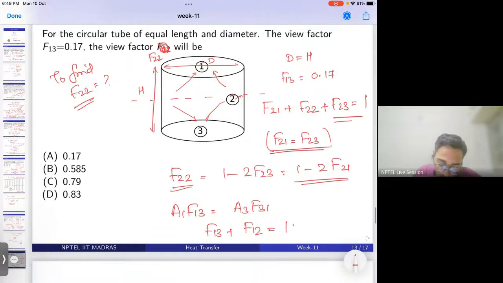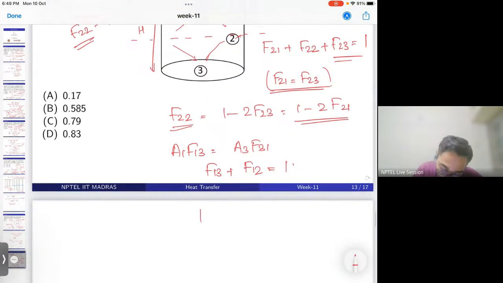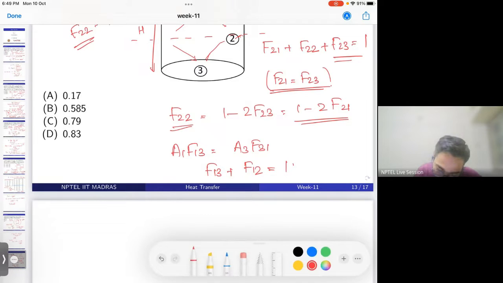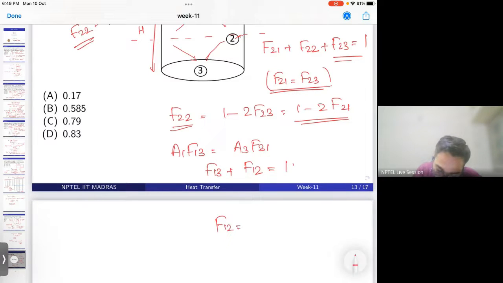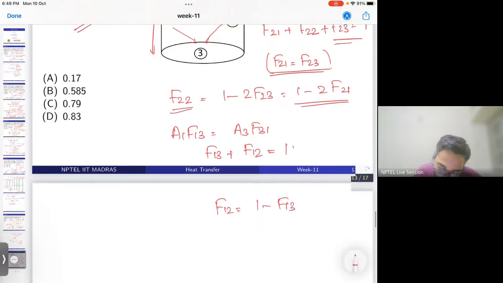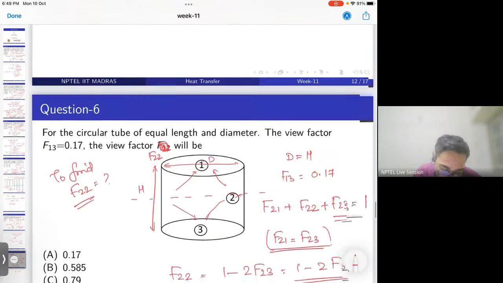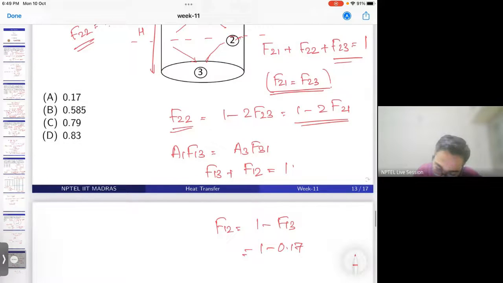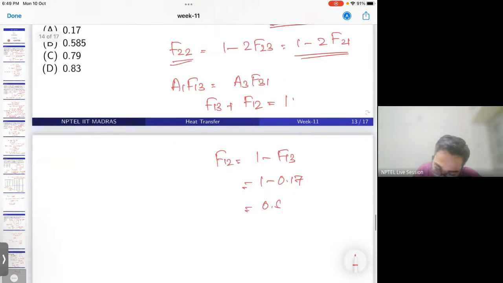So F12 will be equal to 1 minus F13, that is 1 minus 0.17, which is equal to 0.83.